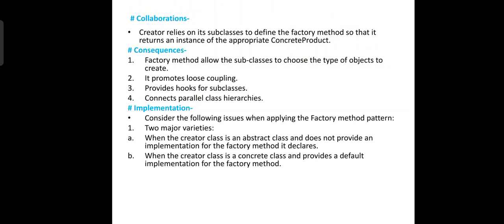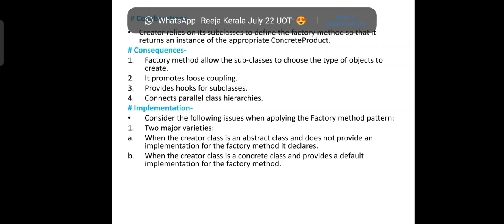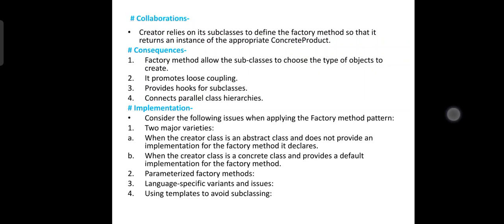Second is parameterized factory methods. It allows the factory method to create multiple kinds of products. The factory method takes a parameter that identifies the kind of object to create.